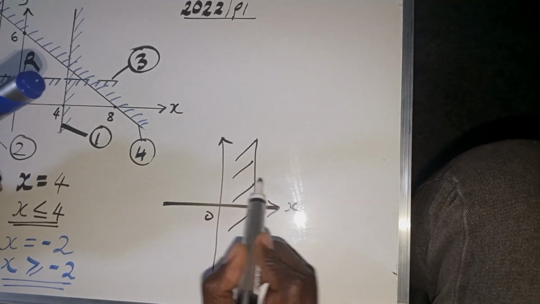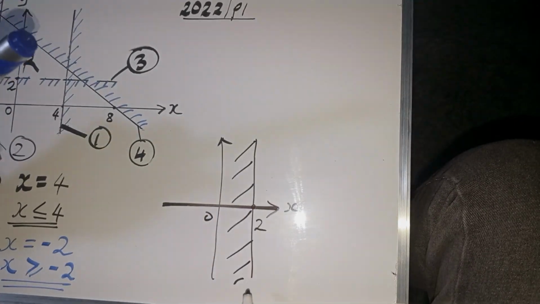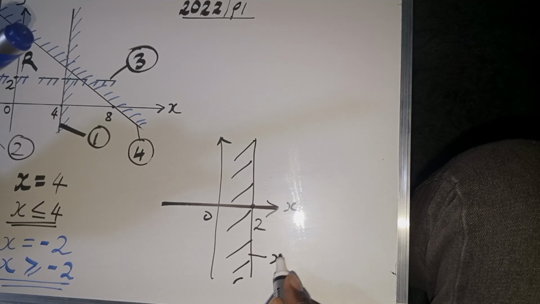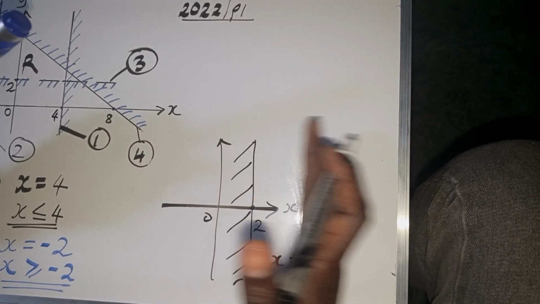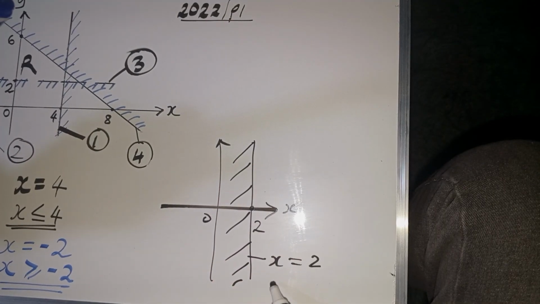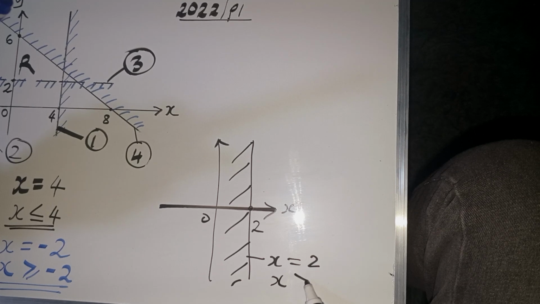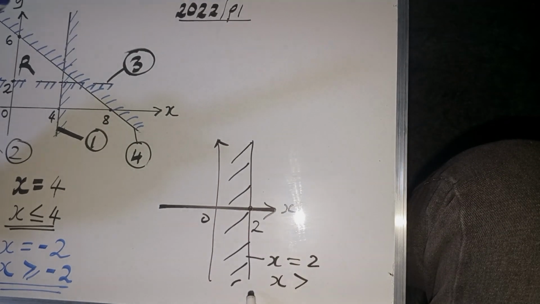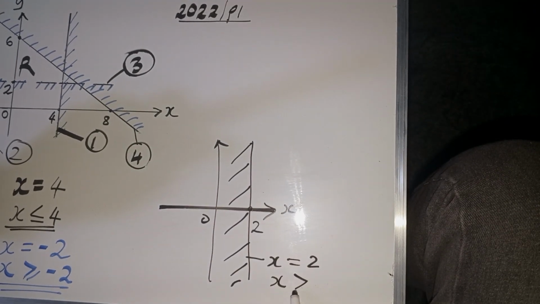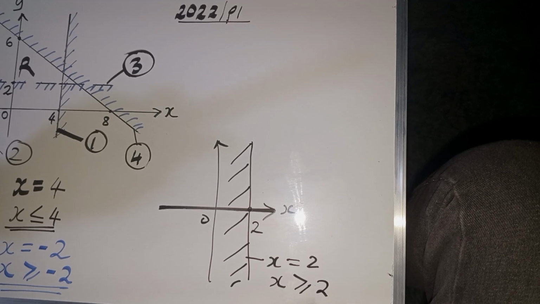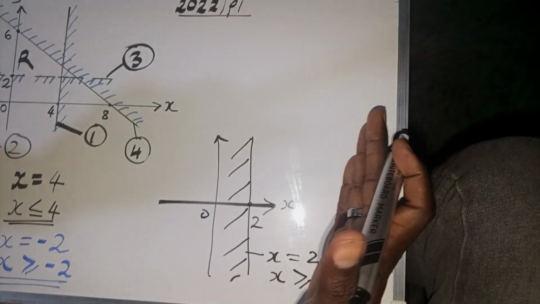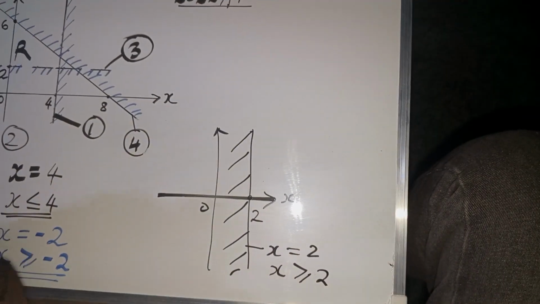Well, it simply means we'll know that since this line is passing where x is equal to 2 and going this side is actually greater than, then x should be greater than. But because this is a solid line, it will be greater than or equal to 2. That represents your inequality of this unshaded region.